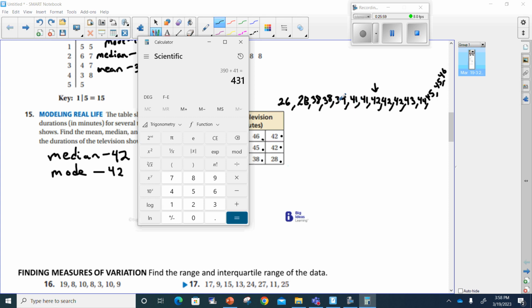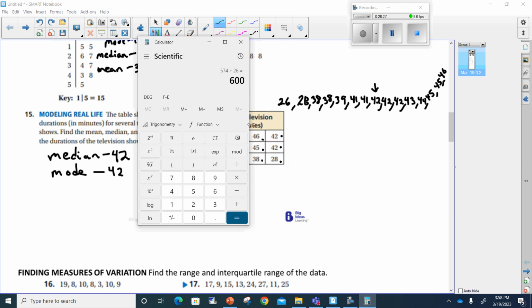There are 139 plus 39. Oops. Two 38s, plus 38 plus 38. Then 128, so plus 28, and then plus 26.